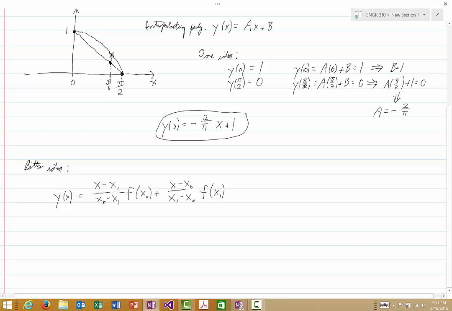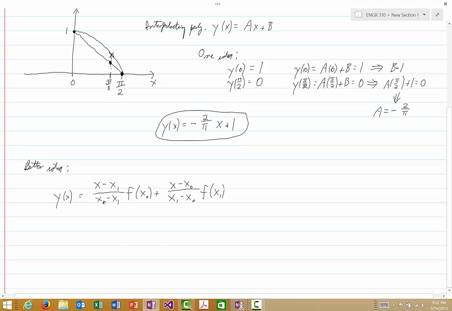And what about when x is equal to x1? Well, if we try x equals x1, notice x1 minus x1, this term will go away this time. And over here we have x1 minus x0 over x1 minus x0, so this is equal to 1. And therefore, when x is equal to x1, we get y of x1 is f of x1.